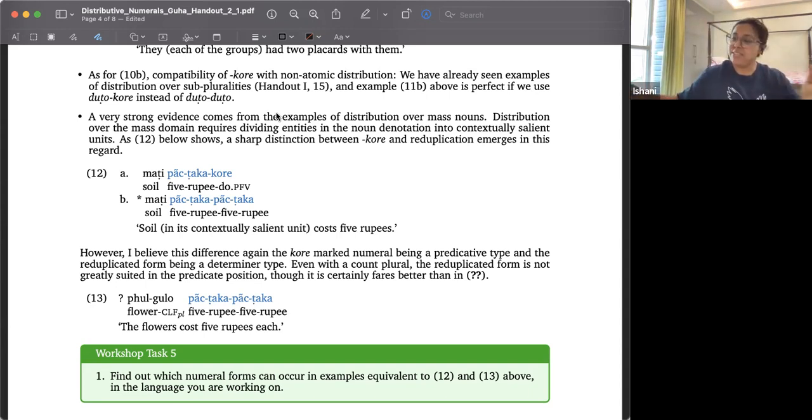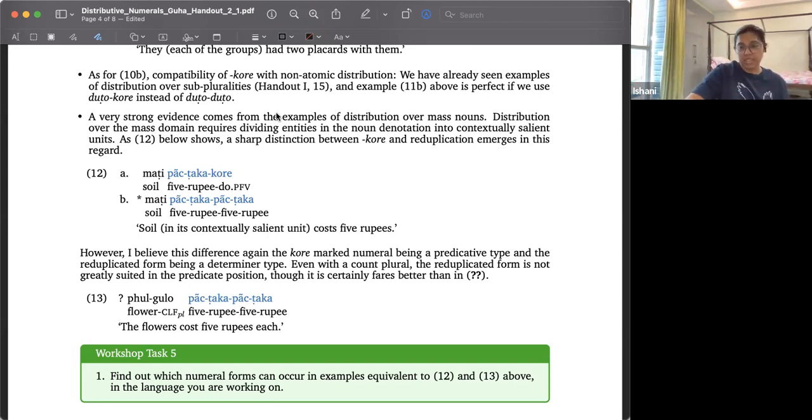I have divided that pile of soil into smaller dumplings, and I'm selling them. You come to me and ask how these are priced, and I say Mati 5 taka kore. There, I mean the small dumplings that I have made, each of them costs 5 rupees.